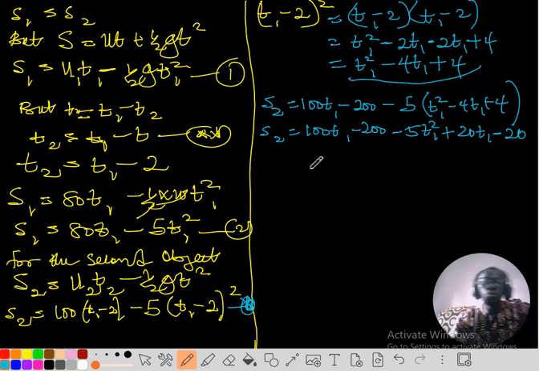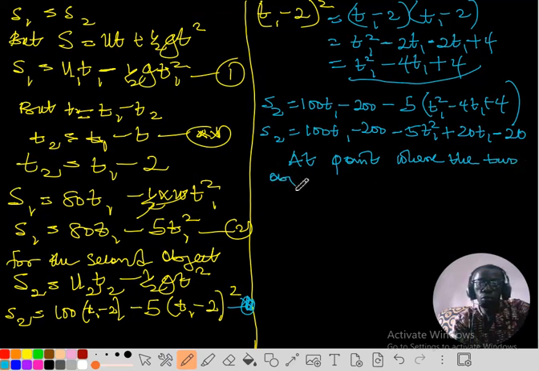So at the point where the two objects meet, we are going to have the distance of the first object equal to the distance of the second object. That is the only condition for them to meet.